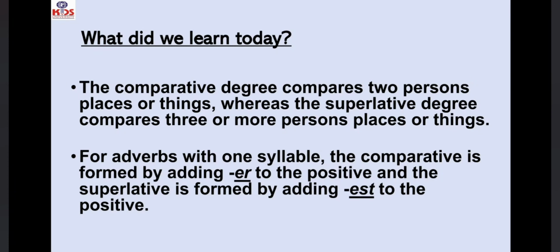The comparative degree compares two persons, places, or things, whereas the superlative degree compares three or more persons, places, or things. For adverbs with one syllable, the comparative is formed by adding er to the positive and the superlative is formed by adding est to the positive.